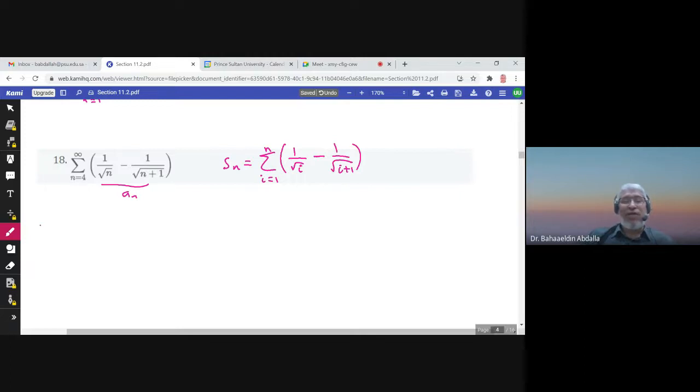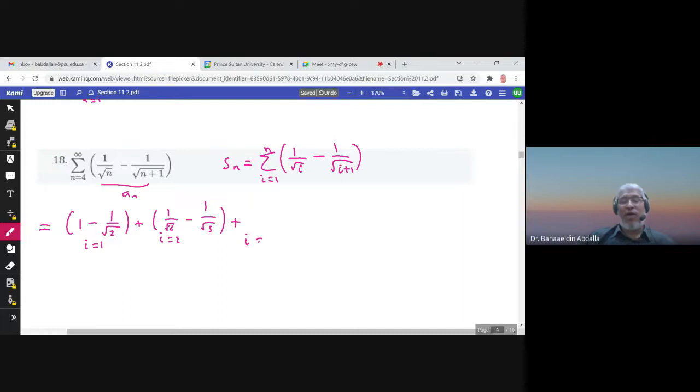Let us find Sn. Replace i by 1. So I have 1 minus 1 over square root of 1 plus 1, which is 2. Do it easily and take your time not to make mistakes. When i equals 2, I'll have 1 over square root of 2 minus 1 over square root of 3.